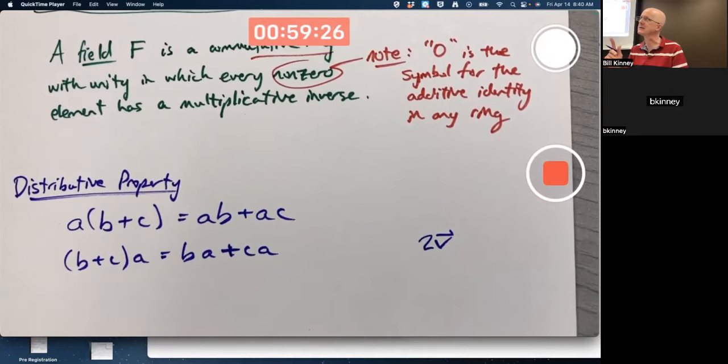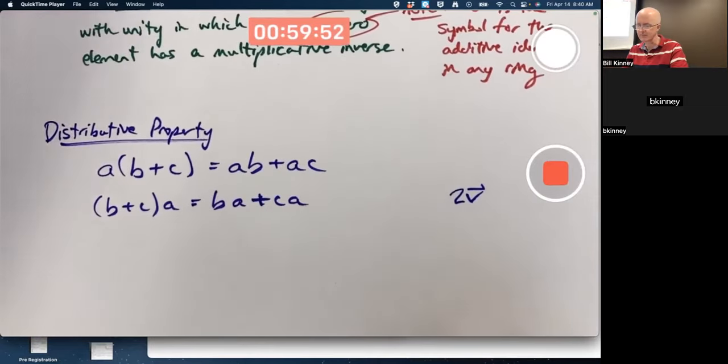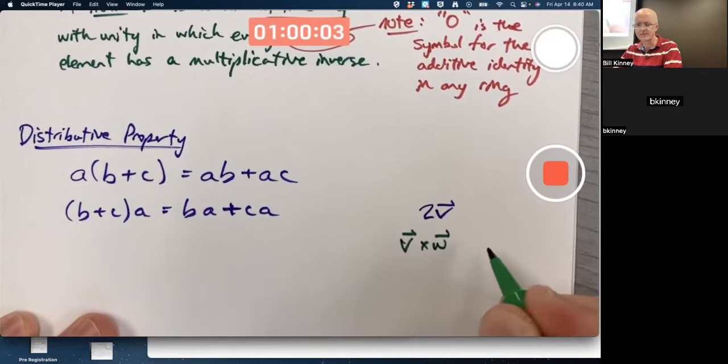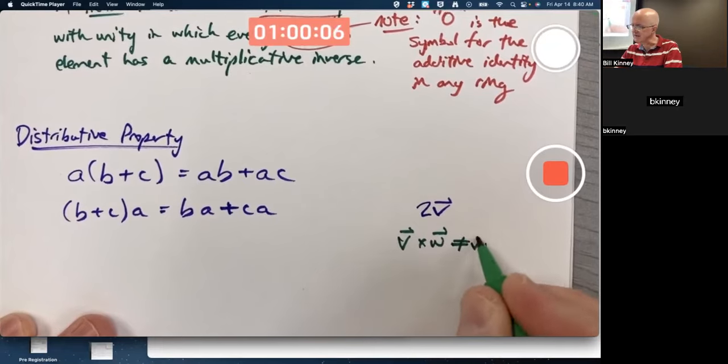Cross product comes closest, but I think it just still doesn't work. Cross products are only for three-dimensional vectors as well. Cross product comes closer than dot product. Dot product of two vectors is not even another vector, right? It's a number. Cross product of two three-dimensional vectors is a vector. That comes closest to making a ring, but I think there's still a problem. I'll have to think about that. Come back with it next time. It's certainly not a commutative ring if it was a ring, because you might remember v cross w does not equal w cross v.